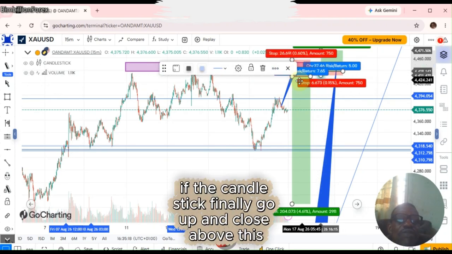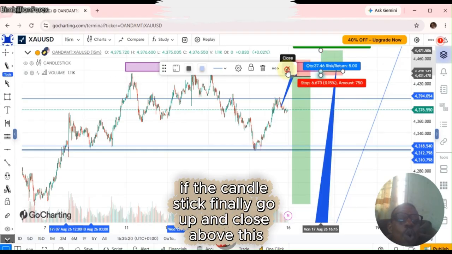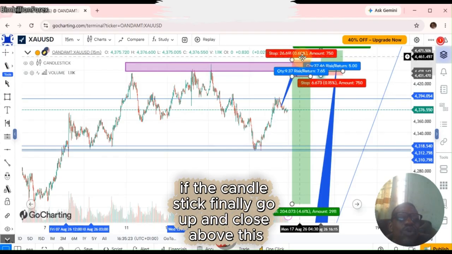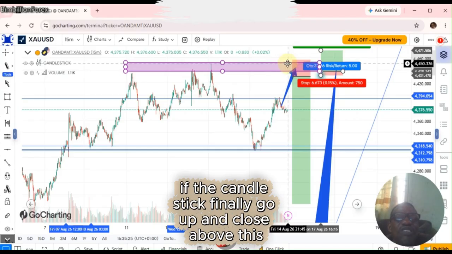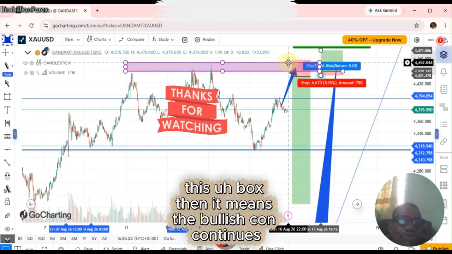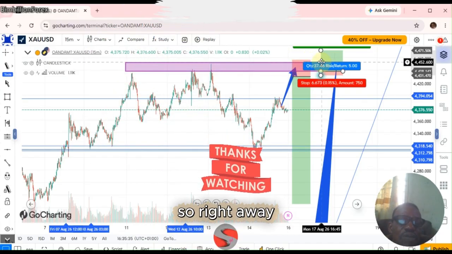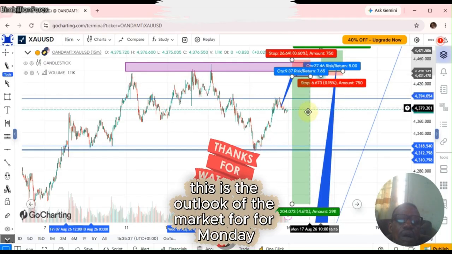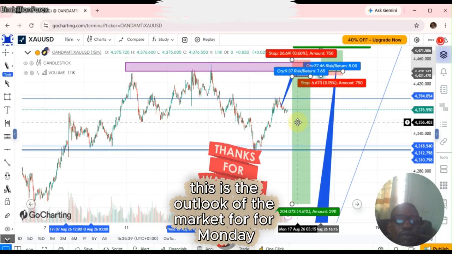If the candlestick finally goes up and closes above this box, then it makes the bullish continuation. So right away, this is the outlook of the market for Monday.